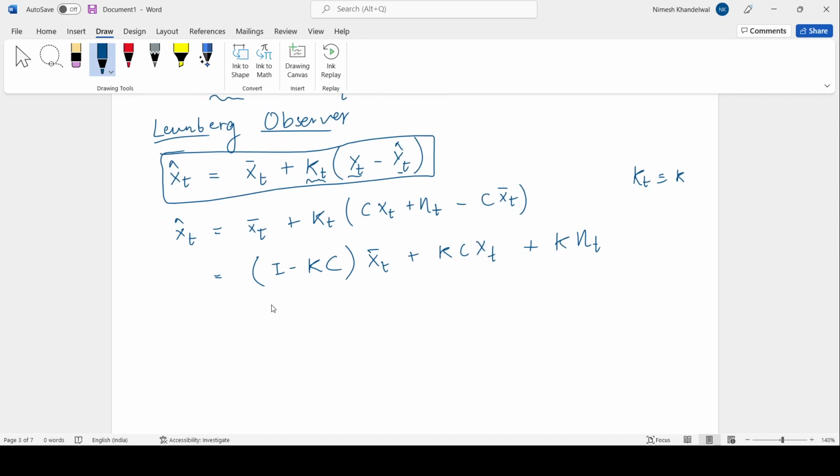Now, what do we want essentially? Let us assume that the actual state is x of t. This is what I'm assuming to be a random variable. And what is my estimate of this actual state, the estimated state?